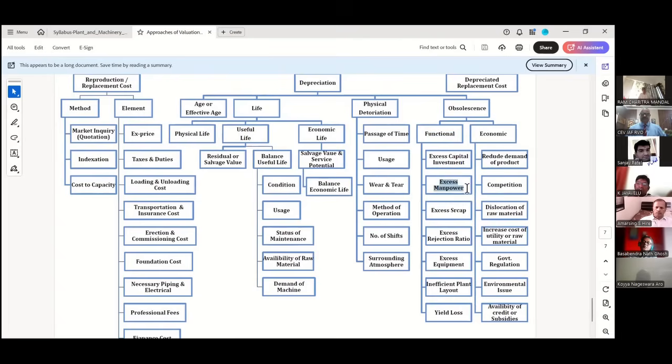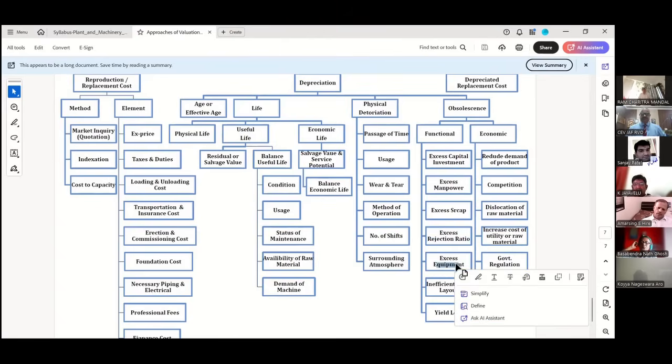Excess manpower: older machines require more manpower compared to new generation machines. Excess scrap: older machinery generates more scrap compared to new generation machines. Excess rejection ratio: old machines have more rejection ratios compared to modern equivalent assets.